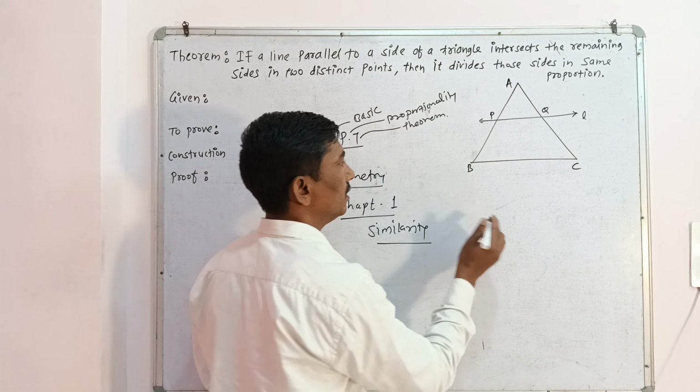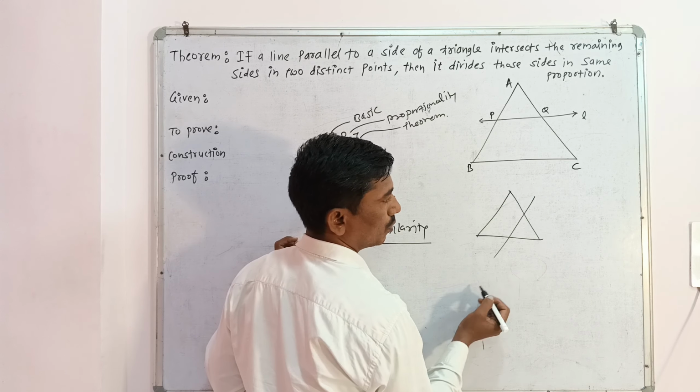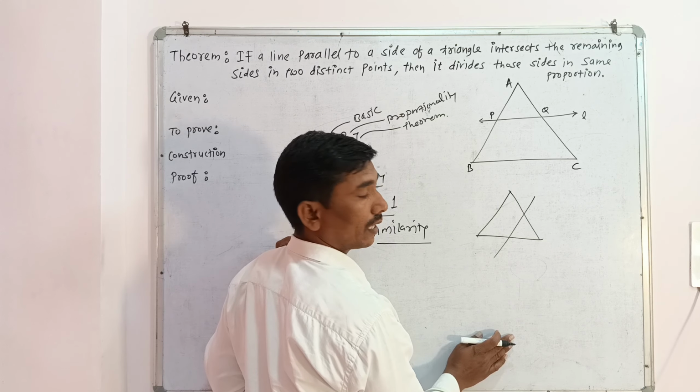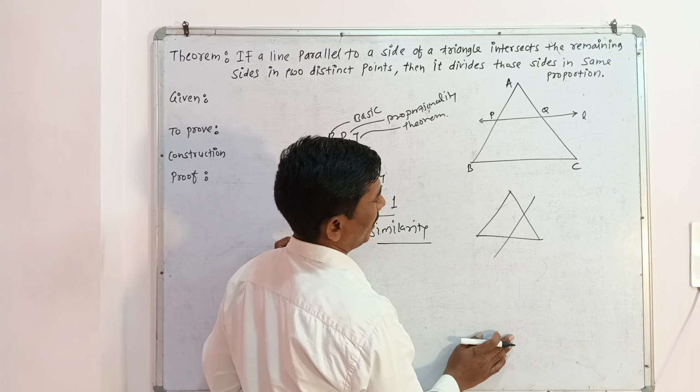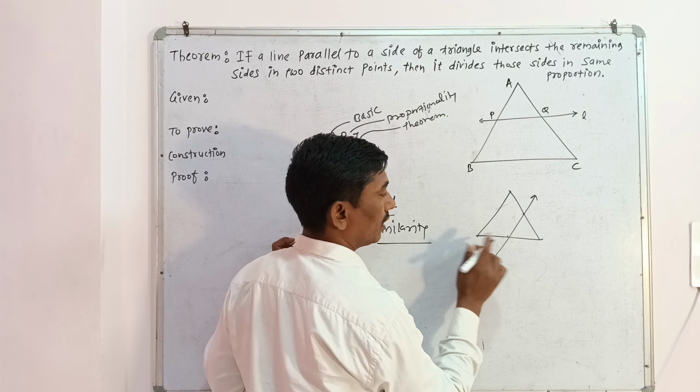It means if there is any triangle, suppose, and there is a line parallel to one side of the triangle, like this. Suppose this line is parallel to this side of the triangle, and if this is intersecting these two sides of the triangle at two different points, two distinct points, then what the theorem is saying is this line will divide these two sides of the triangle in the same proportion.